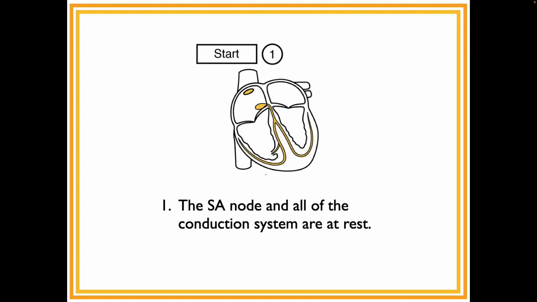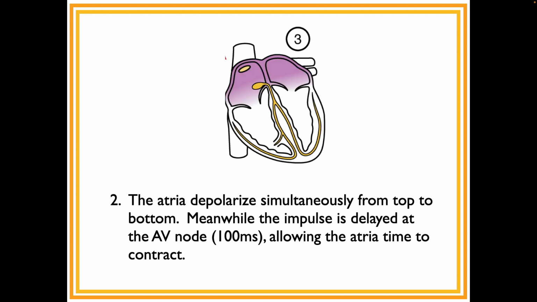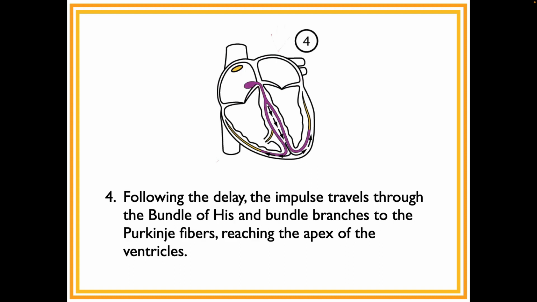So briefly, the SA node and all the conduction system are at rest. The SA node initiates the action potential. You can see that there. The atria depolarize almost simultaneously from top to bottom. Meanwhile, the impulse has reached the AV node, because remember the conduction system is so quick, and we have to have a pause because we have to give the atria time to depolarize and contract.